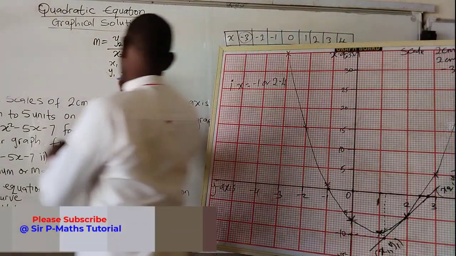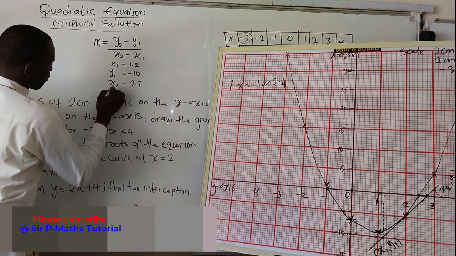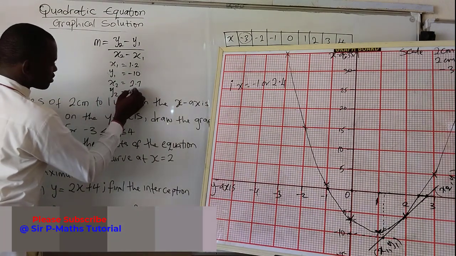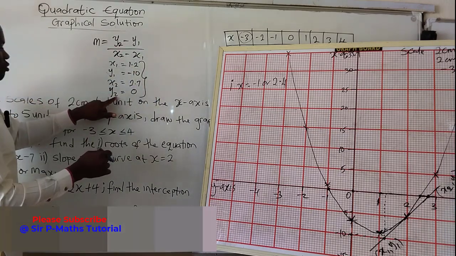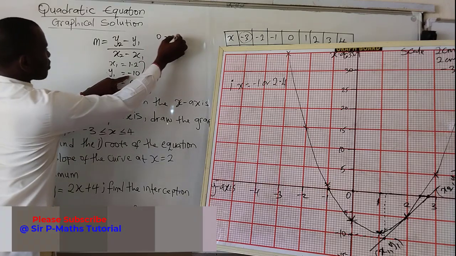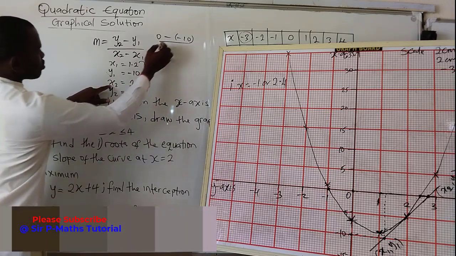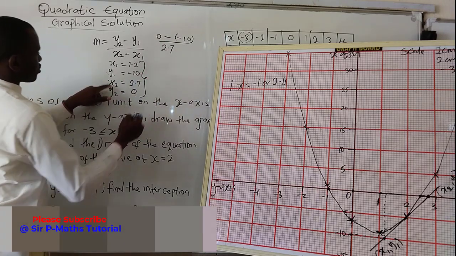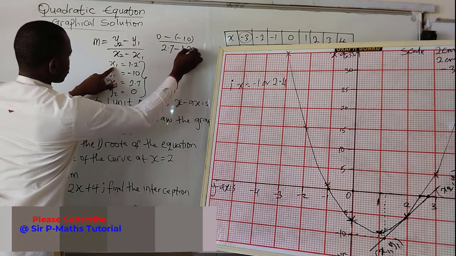So I will have my x2 as 2.7 and my y2 as 0. So I'll put this information into this formula. All right, so y2 is 0 minus y1 is minus 10, all over x2 is 2.7 and then x1 is 1.2.